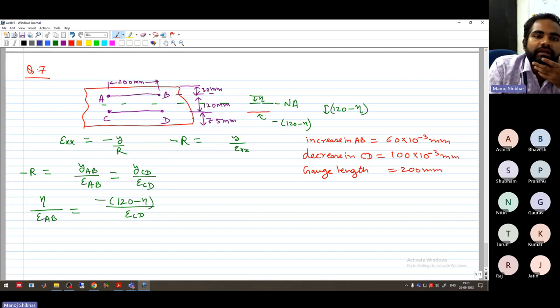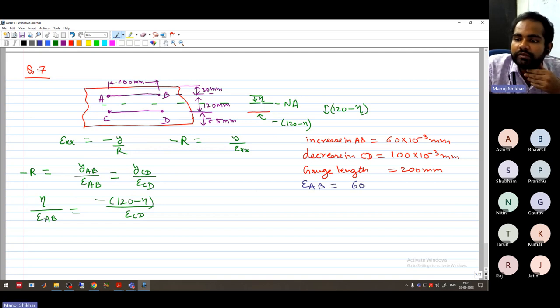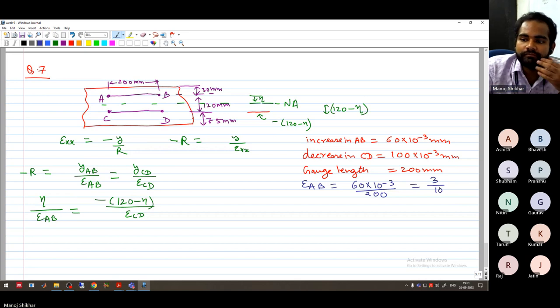So from here we can calculate epsilon AB equal to 60 into 10 power minus 3 divided by 200. So this will be 3 into 10 power minus 4.